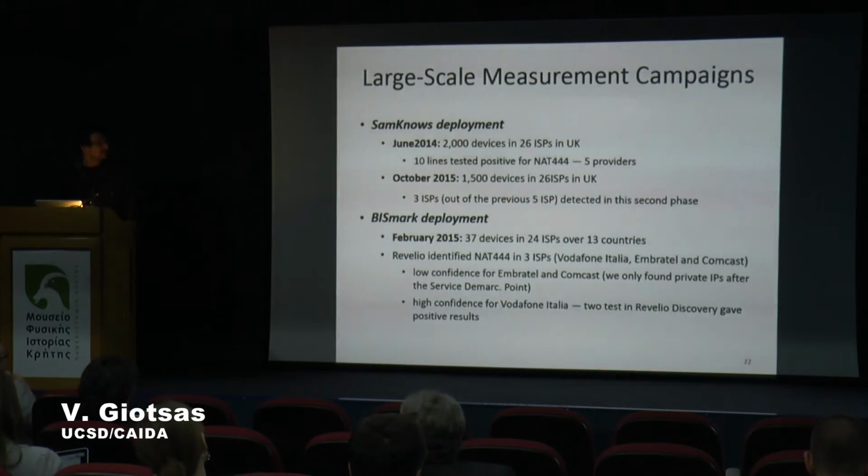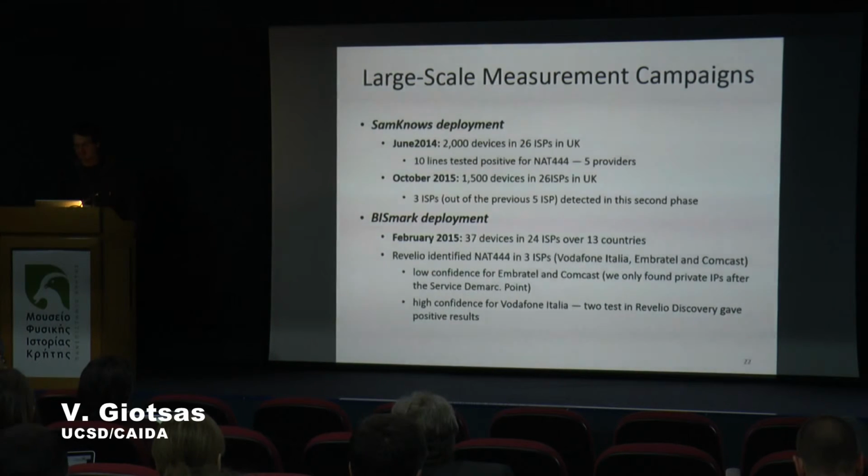And basically, if anything, they found that it's slightly decreasing, although the second experiment uses fewer devices than the first. Again, the second experiment is of smaller scale. It uses only 37 devices, but it has a more diverse geographical footprint in 24 ISPs in different countries.